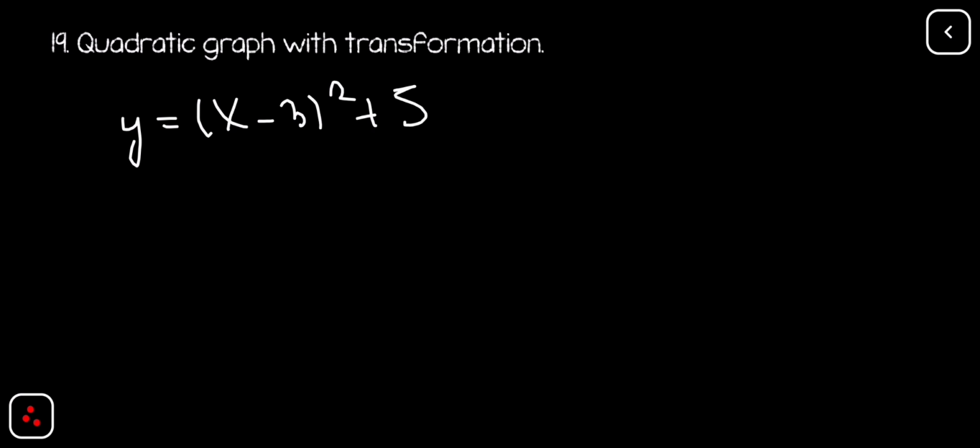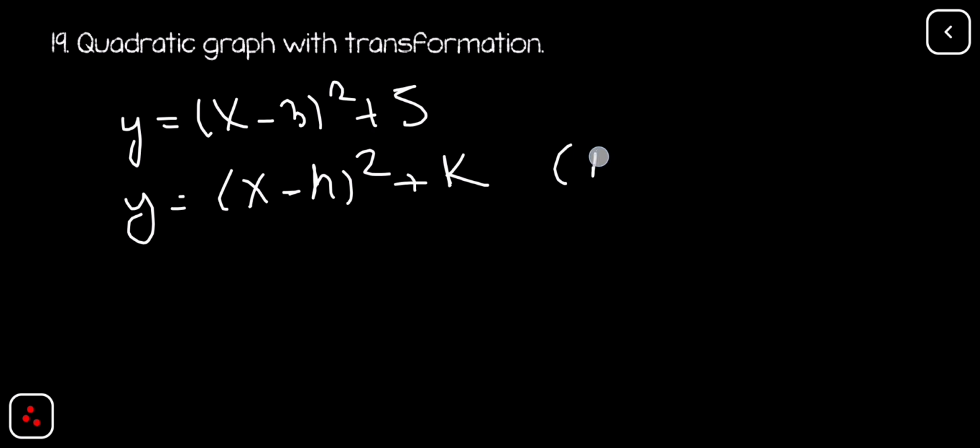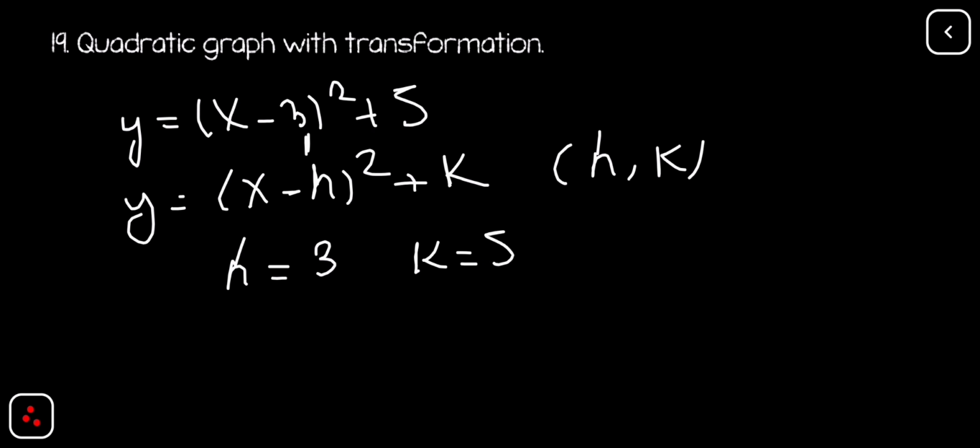The general form is y equals (x minus h) whole squared plus k, and the vertex is (h, k). Here h is equal to 3 and k is equal to 5, so the vertex is (3, 5).